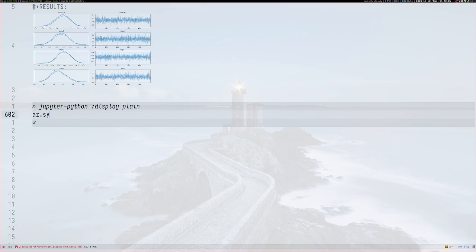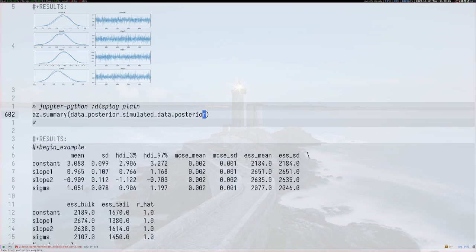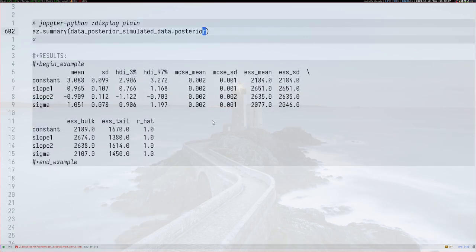Basically, the function summary takes our data, the posterior simulated data, and we want to summarize our posterior distribution. So when you run this, you get the following table.